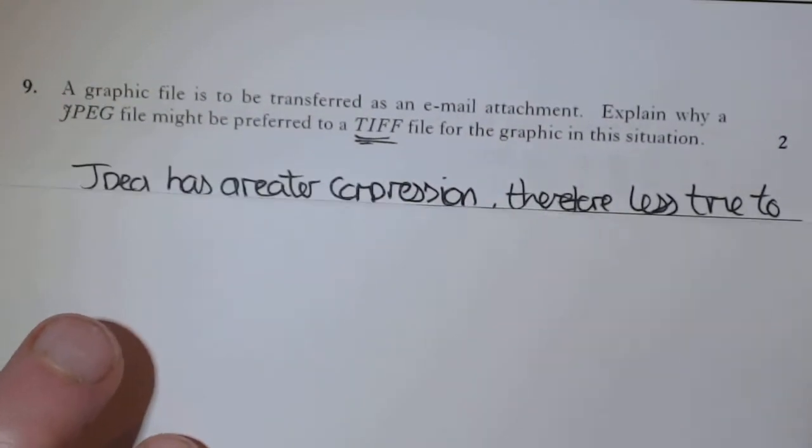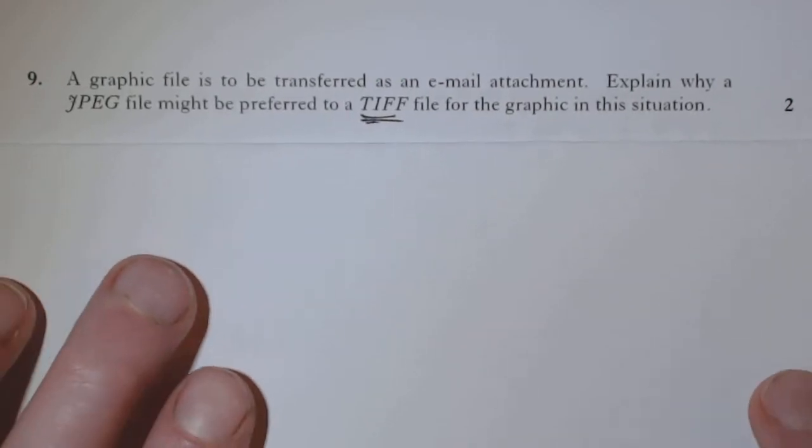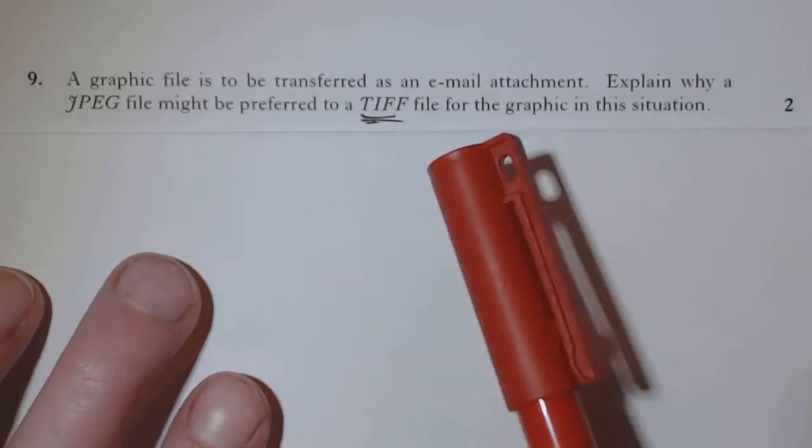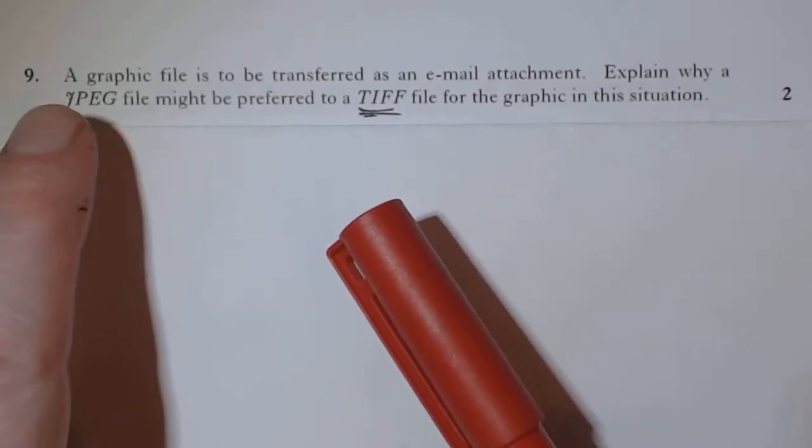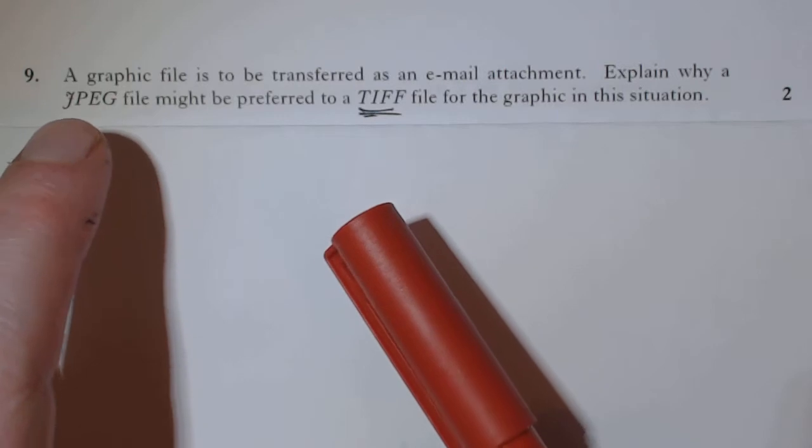Right, this question's a wee bit different because it's asking about TIFF, so they don't really ask you that very much. They're talking about transferring an image through an email attachment, so you're transferring it through a network, okay? Now, JPEG files are compressed so the file size is a lot smaller than TIFF.